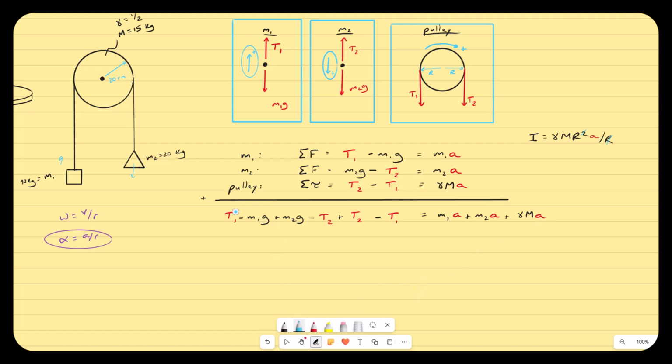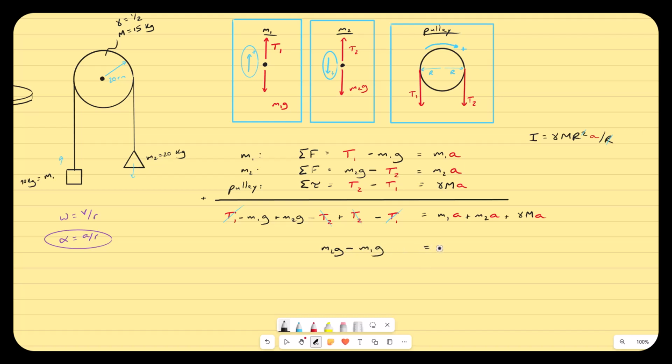I see some things I can do. I've got a positive T1 and a negative T1, a negative T2 and a positive T2, and I've got A in all these terms, so I'm going to factor that side. Left side, I'm going to write this thing first, just because I would rather have the positive thing first. Personal preference.